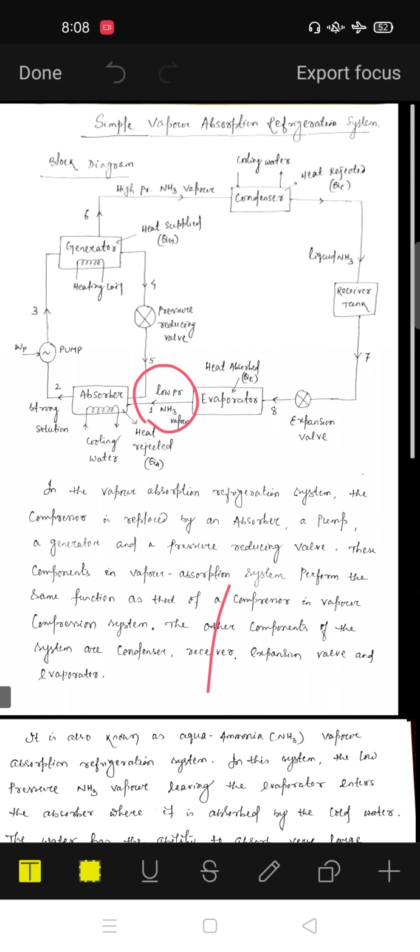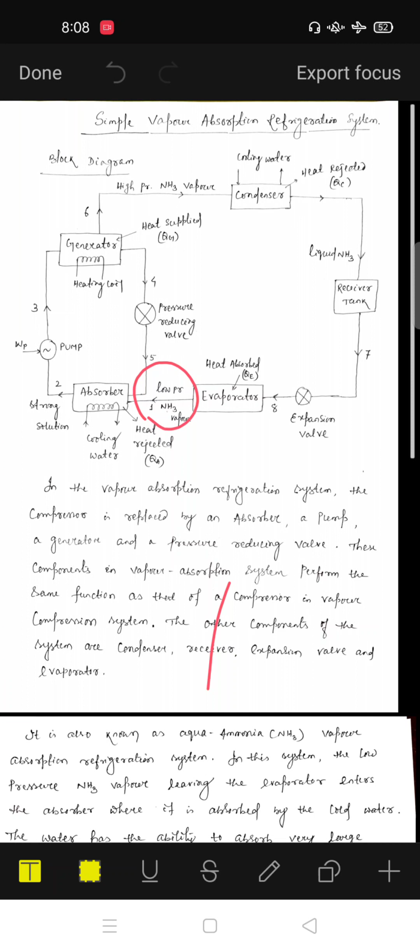You can see here the strong solution formed at stage 2 is pumped by the pumping work. You are giving external pump work, that is WP or QP whatever, and it is supplied to the generator, and you are getting point number 3. In the generator there is a heating coil or steam you can use, and heat is supplied to the generator, that is QG.